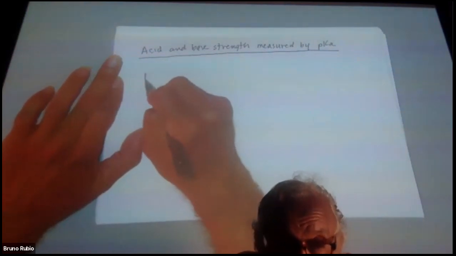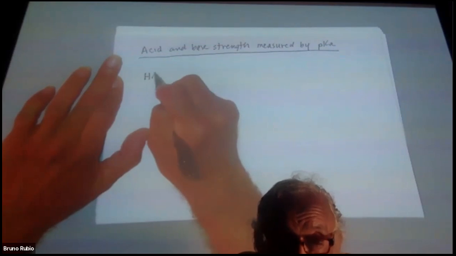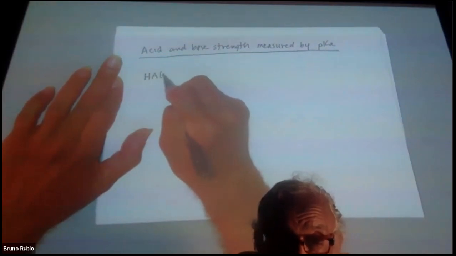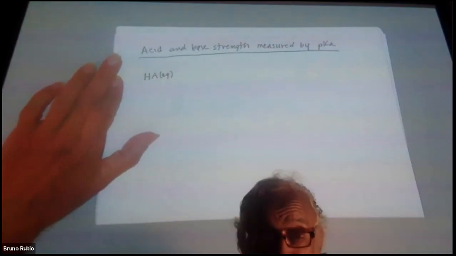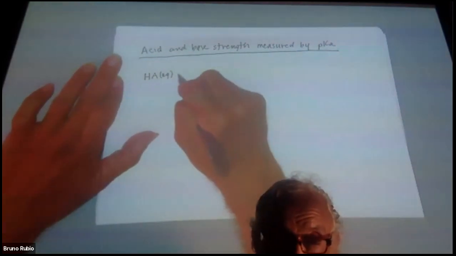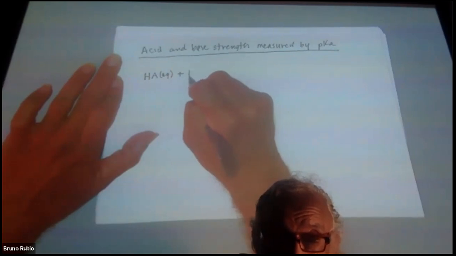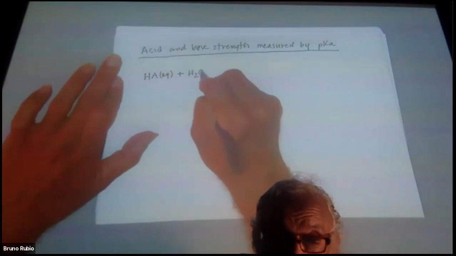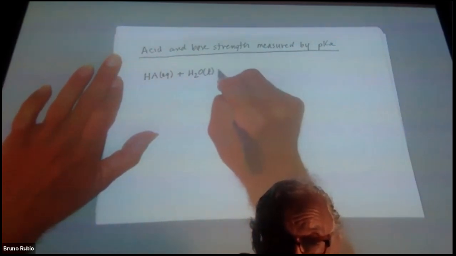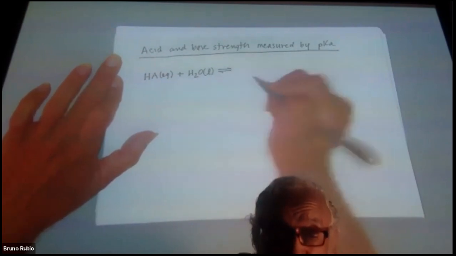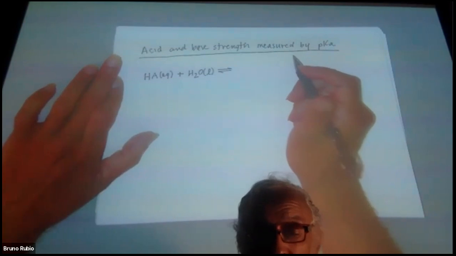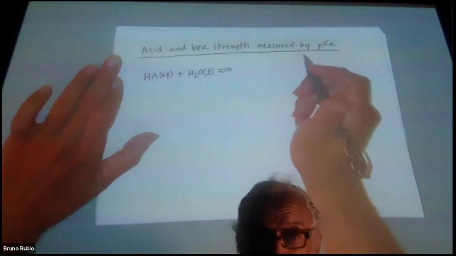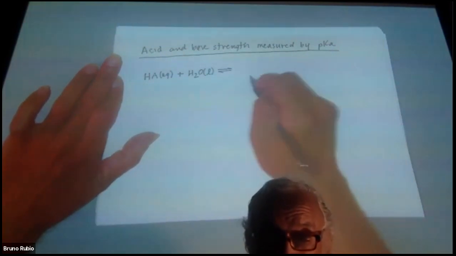All right, so if we have a generic acid, we'll call it HA, in aqueous solution. When we dunk that generic acid into water, an equilibrium is set up where the HA, the acid, is going to donate a proton to H2O, which is going to function as the base.